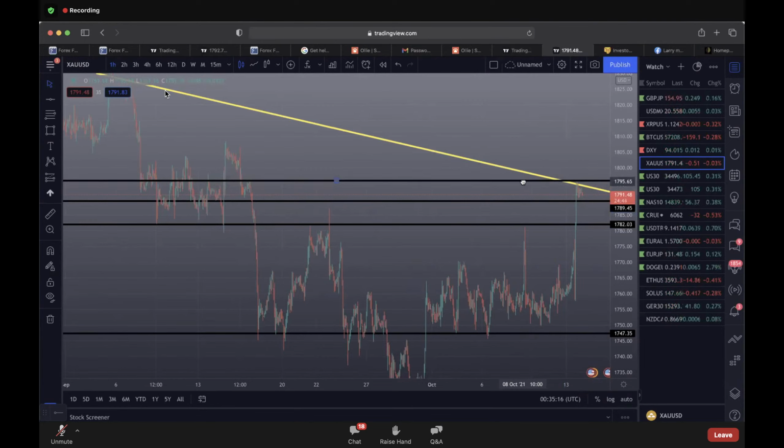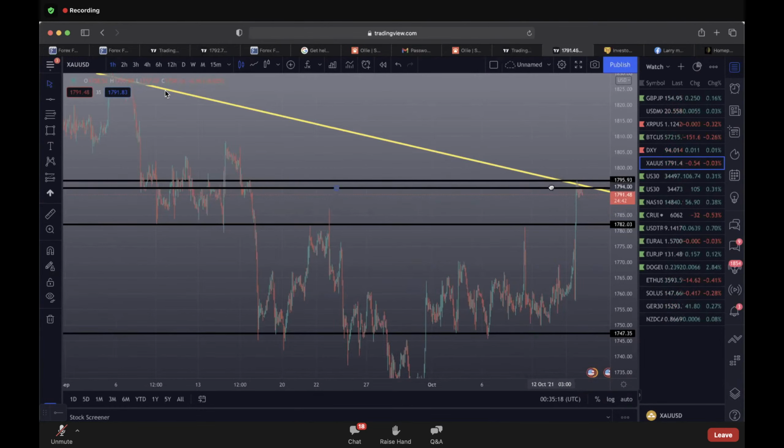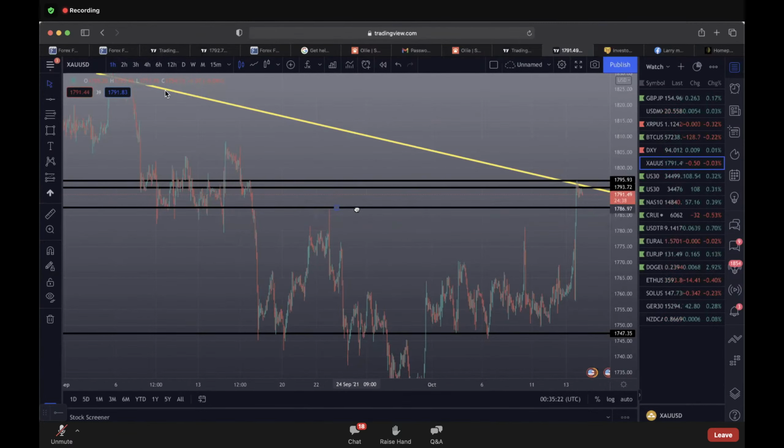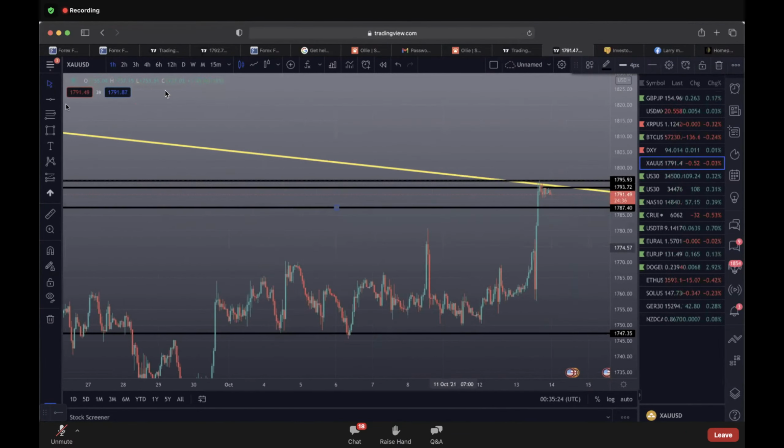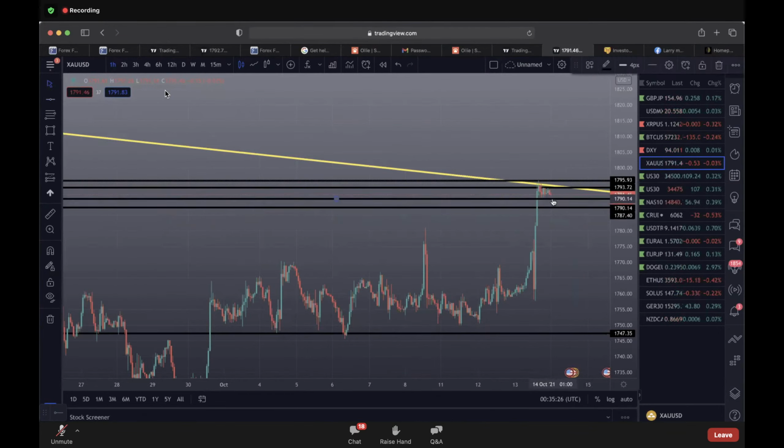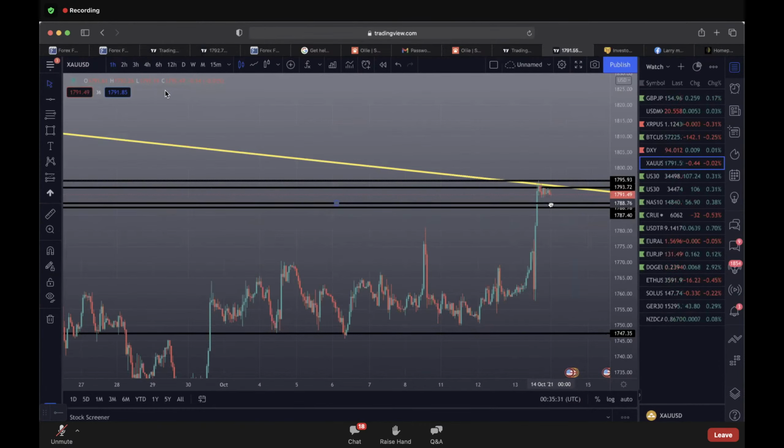because this is a resistance zone here. This is the resistance zone here as well, and this is a resistance zone here. So essentially, should you enter it at 1786, 1790, or 1788?